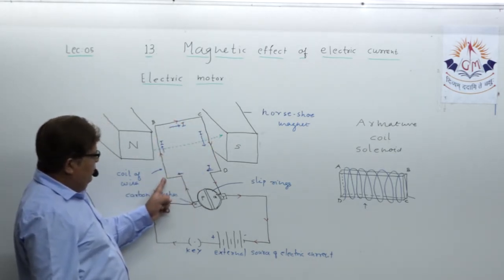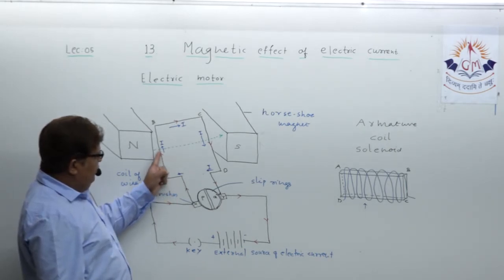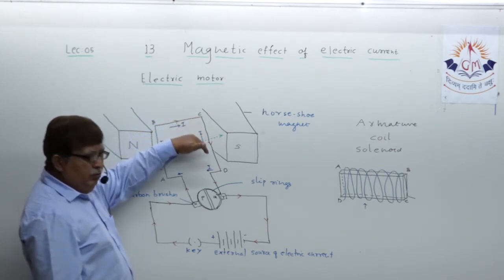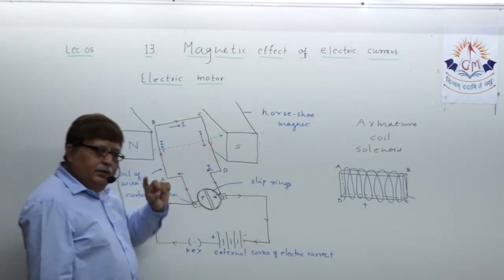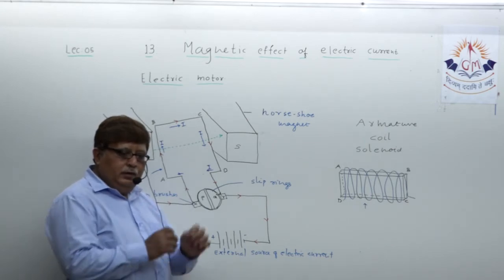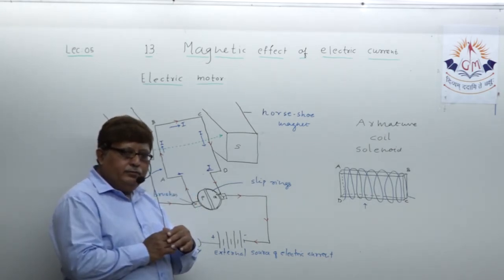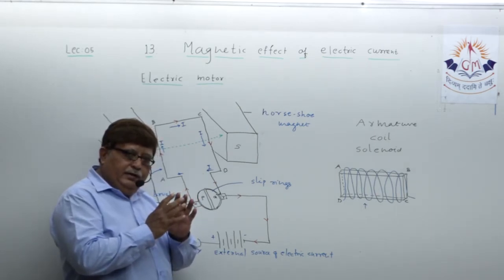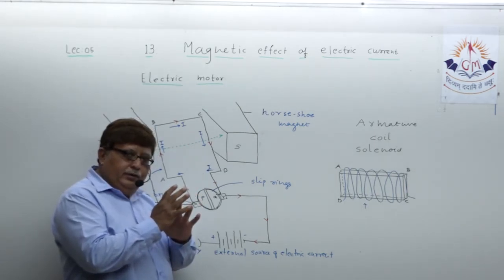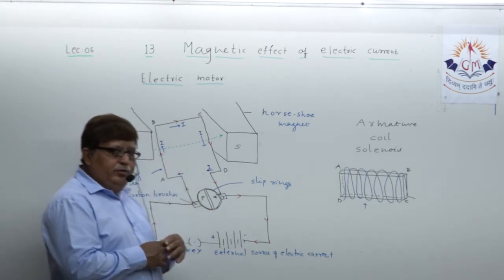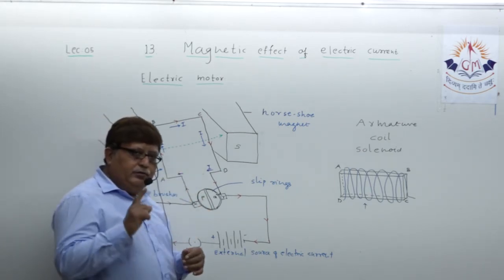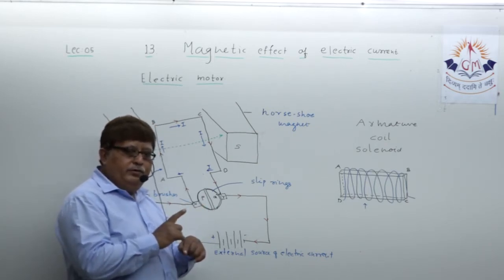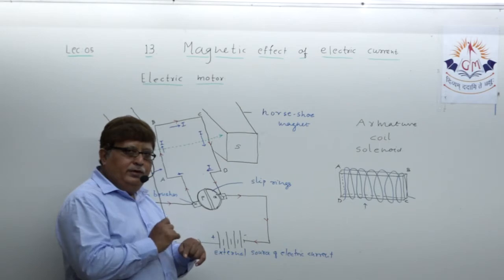In AB, it moves upward, A to B. In CD, it moves from C to D, because on both the ends the direction of electric current is different. So both edges of the coil are going to experience opposite electromagnetic force.